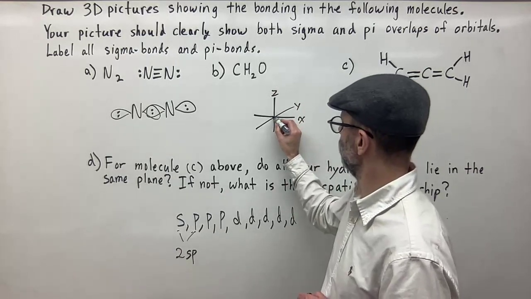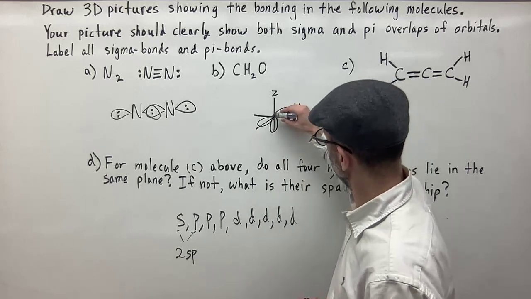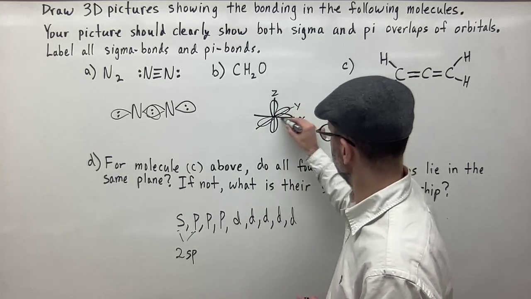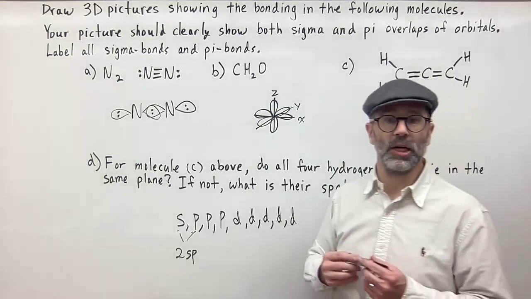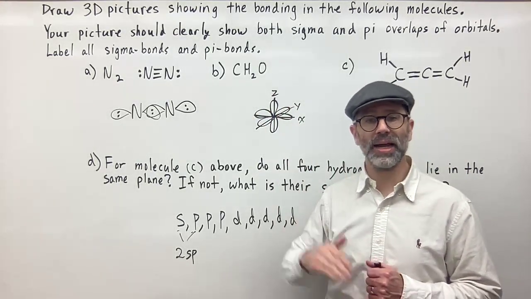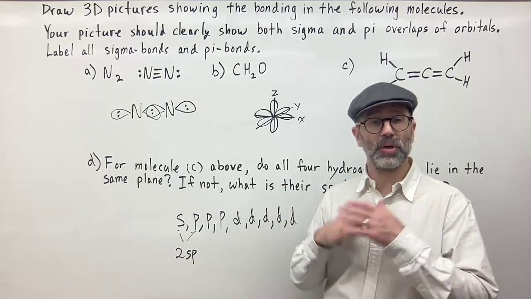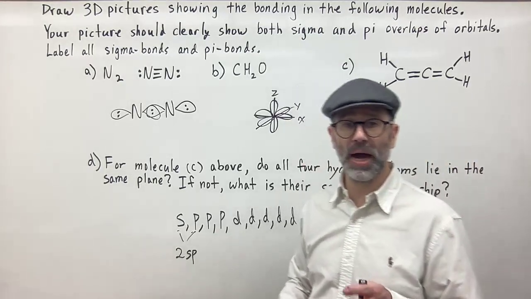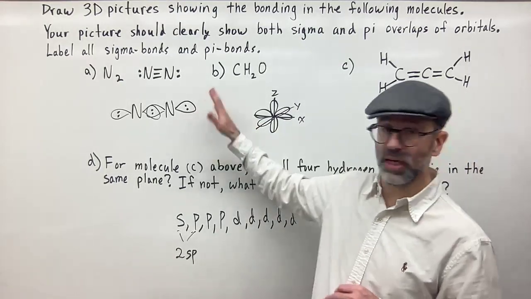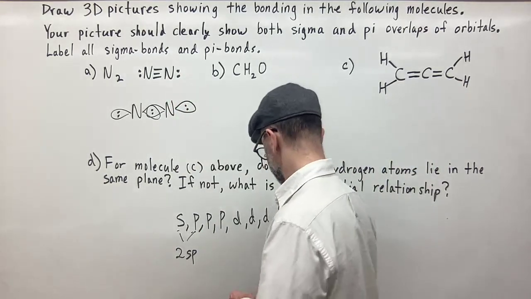And then you have the unhybridized p orbitals that are along these axes like so. They're all perpendicular to each other: the y, the z, and the x orbitals. That's going to be important to keep in mind when we're figuring out the shape of this. So here, I'm going to use a different color.